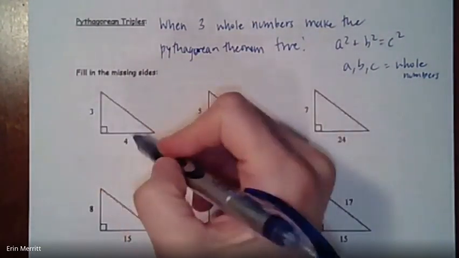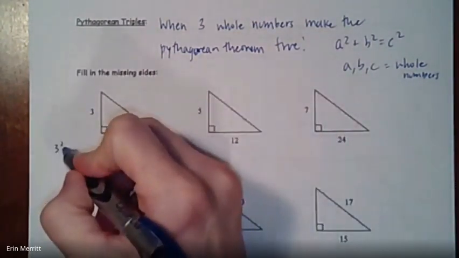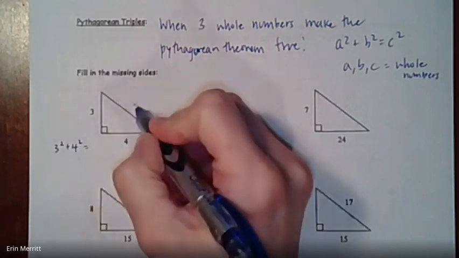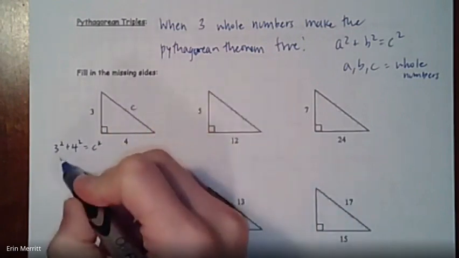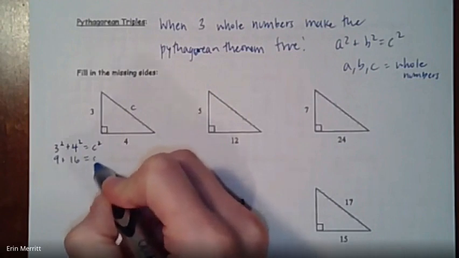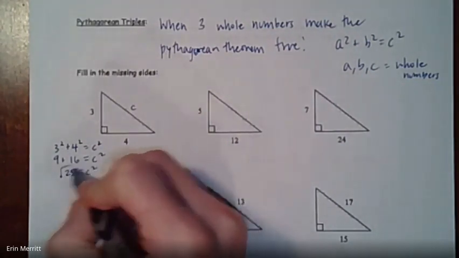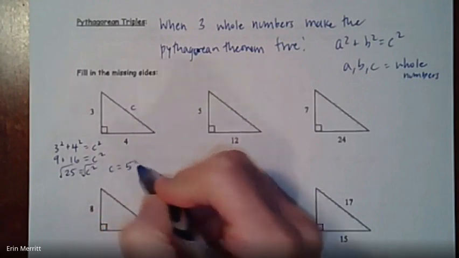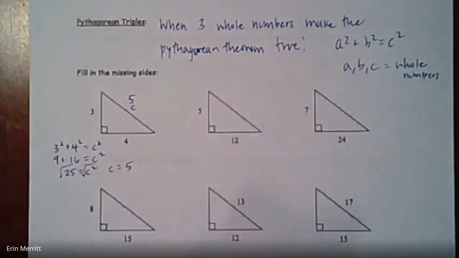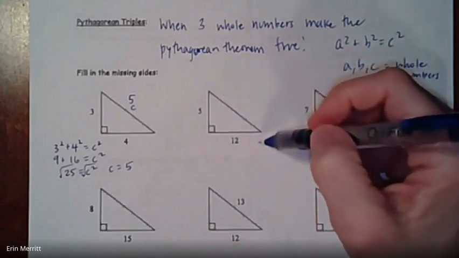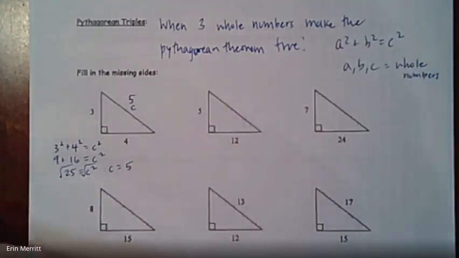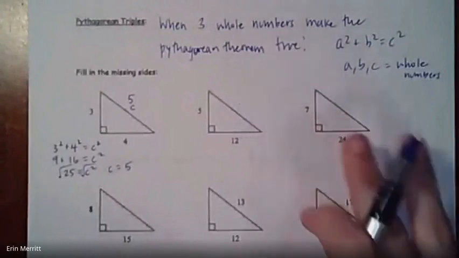So if we do 3 squared plus 4 squared, and then equals, this would be our C squared. We get 9 and 16, and then take the square root of that total, it comes out perfectly at 5. And we saw that Pythagorean triple yesterday. The rest of these all form nice Pythagorean triples as well. You can always find the last length by doing the Pythagorean theorem and plugging on in.